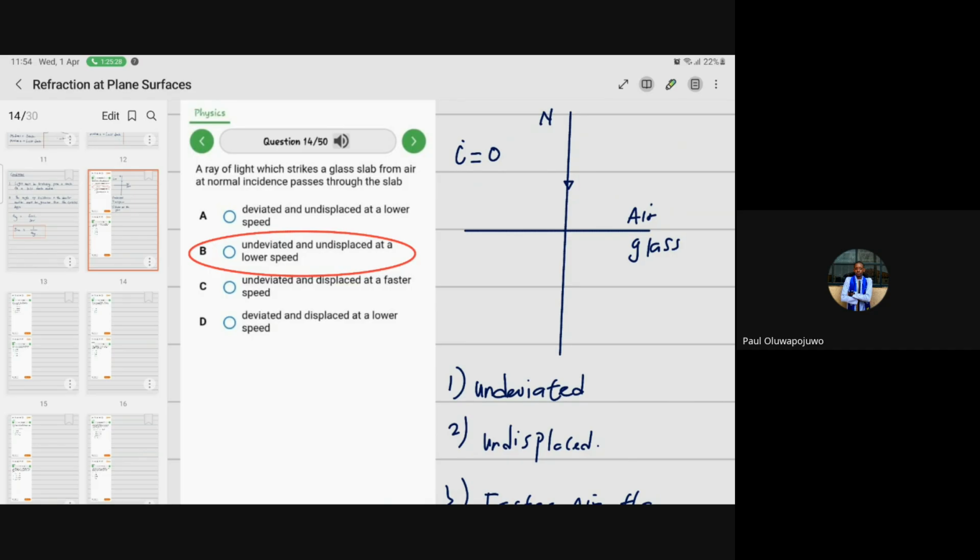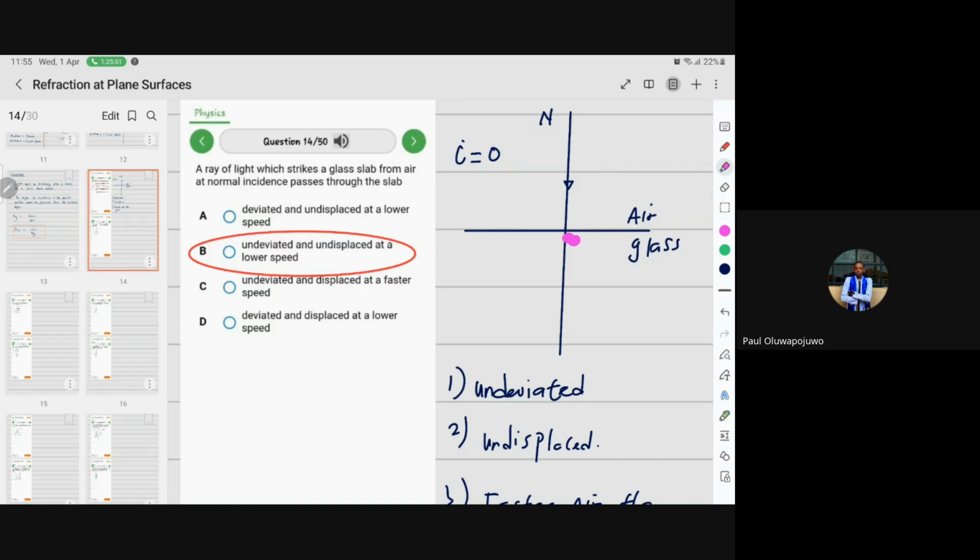So what's on this place? Undisplaced. Now, when I say undisplaced, look at what I'm trying to say. If this ray is coming in this direction, let's say the angle is inclined and it's traveling through an inclined angle.